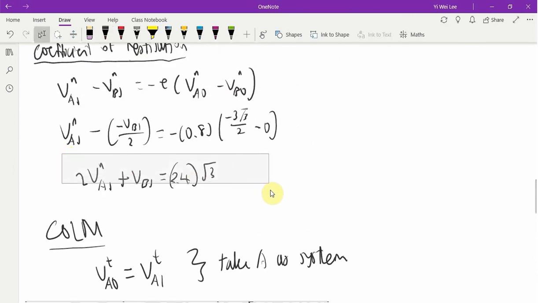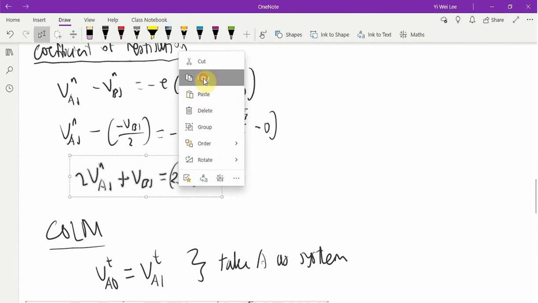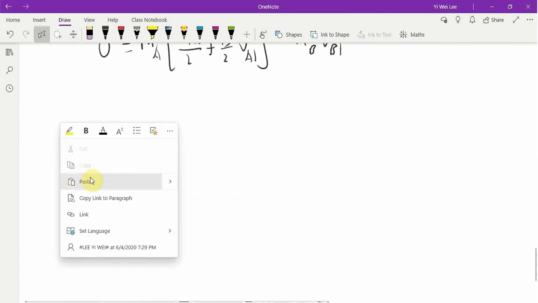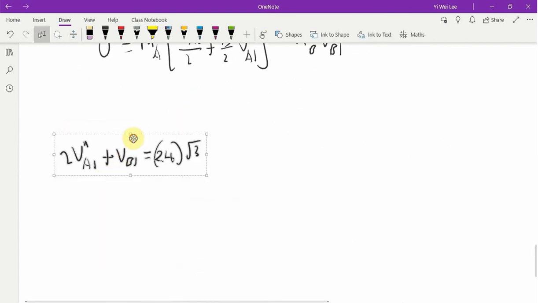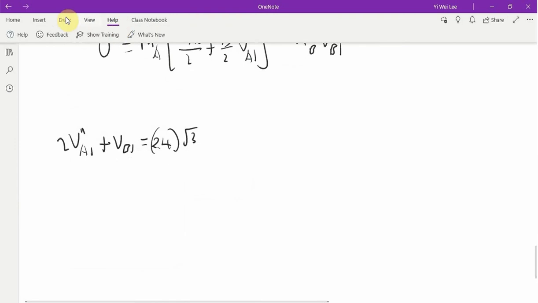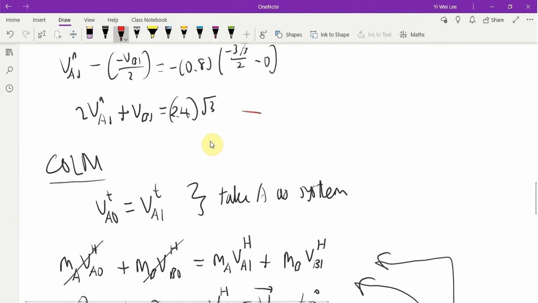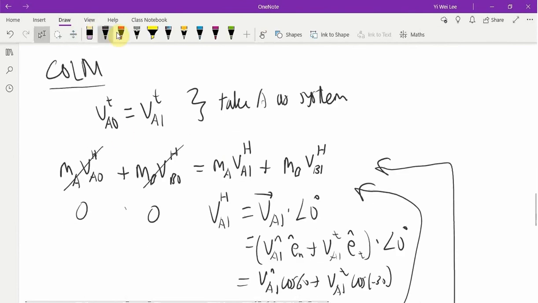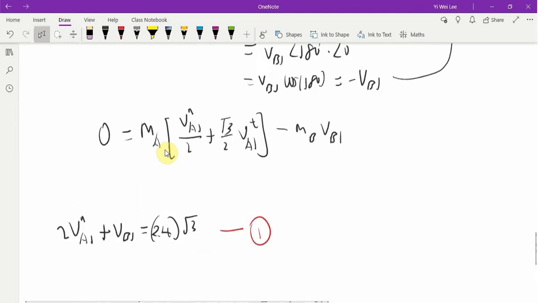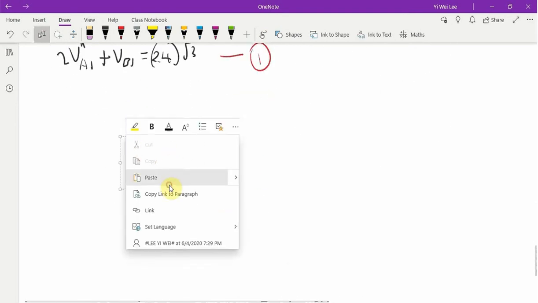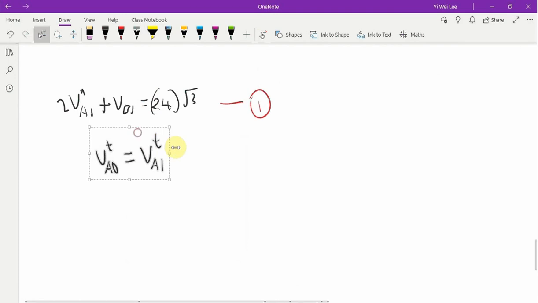So we have the first equation. This is our first equation, the one obtained from the coefficient of restitution. And our second equation, which is this one, is obtained when we take A as the system.